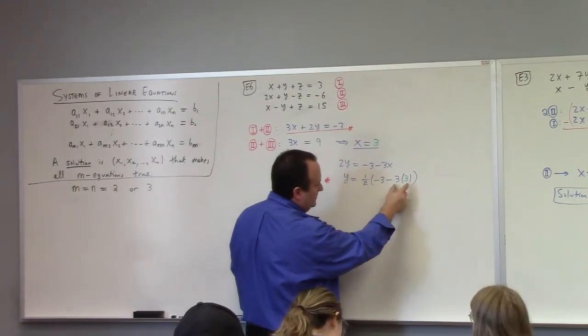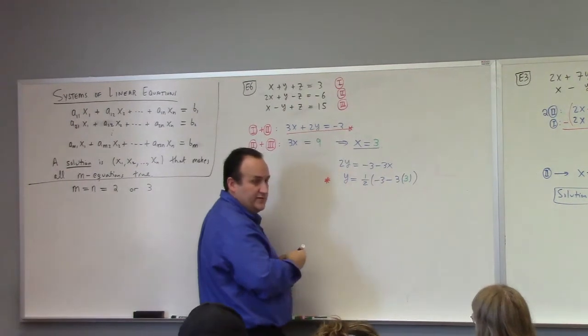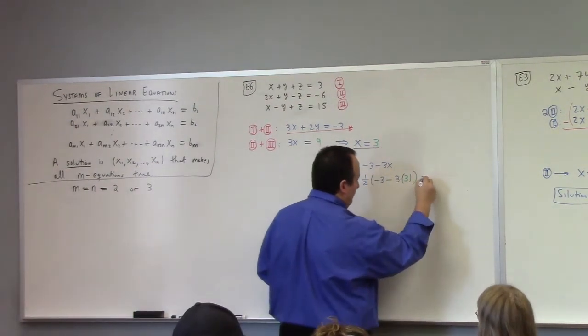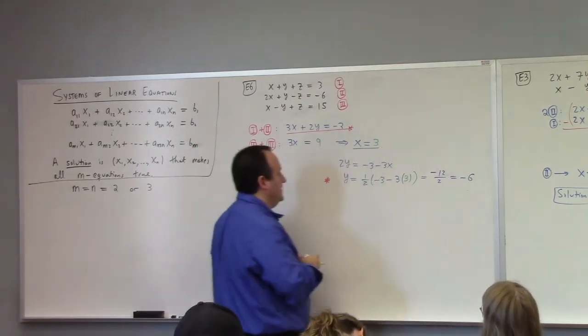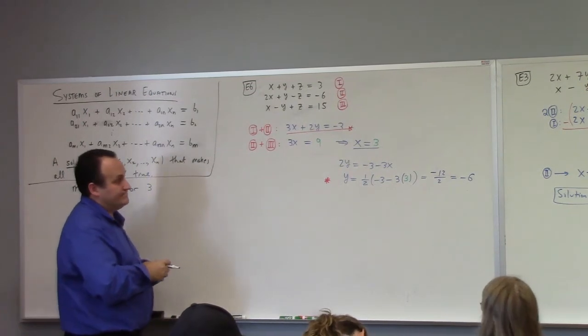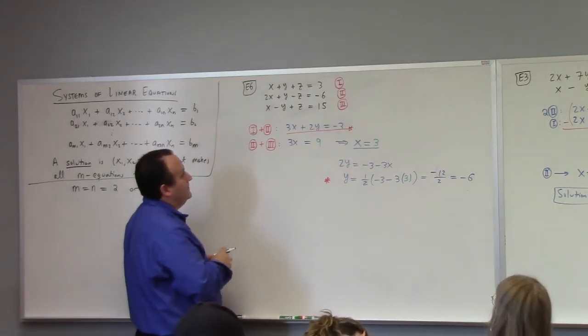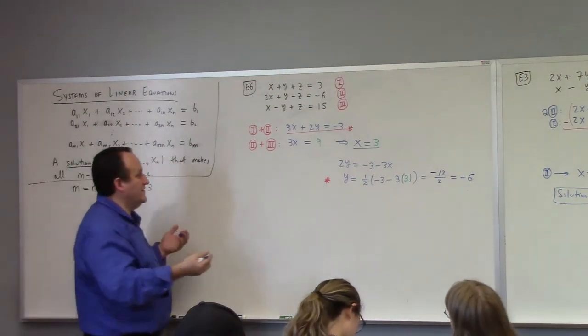Anyway, so this here is what? We've got minus 3 minus 9, so I think it's a minus 12. Minus 12 over 2 is what? Negative 6, all right. Now how do I find z? You can use any of the three equations you want. You can't go wrong, right? Let's use equation 1.